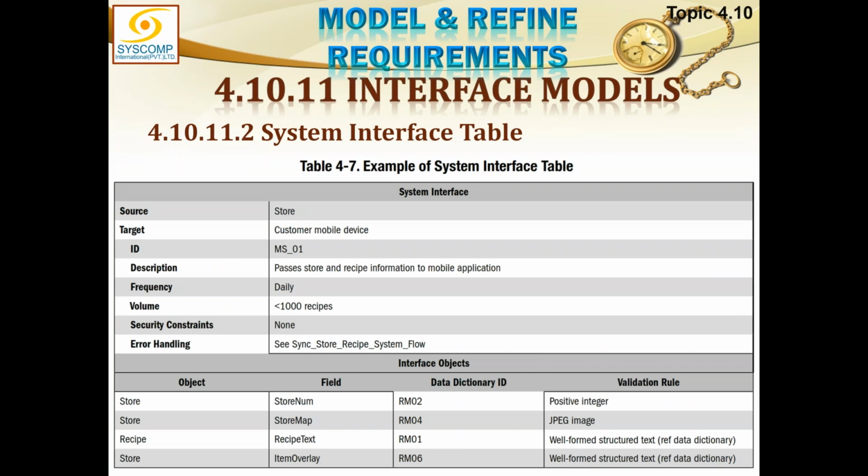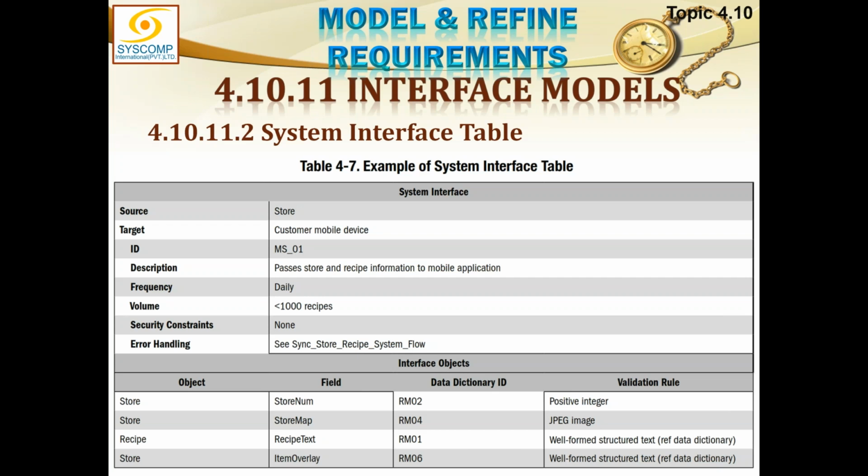Let's look at the example of a system interface table. This is our system interface table, and the system interface is described. What is the source? Store is the source. What is the target? Customer mobile device is the target. ID of this system interface is MS01.